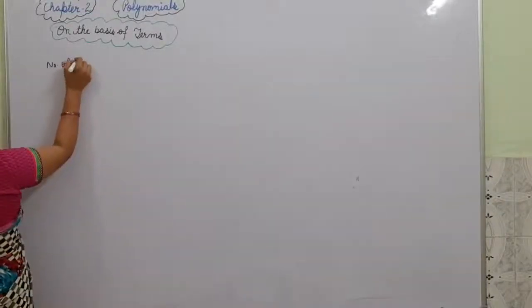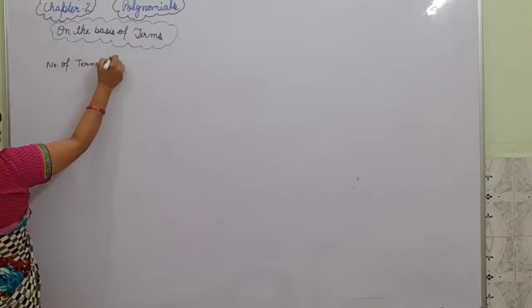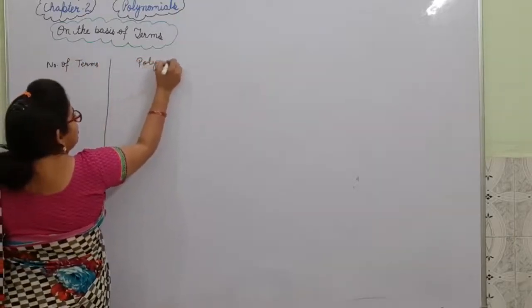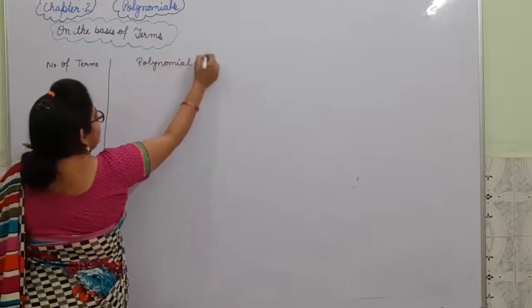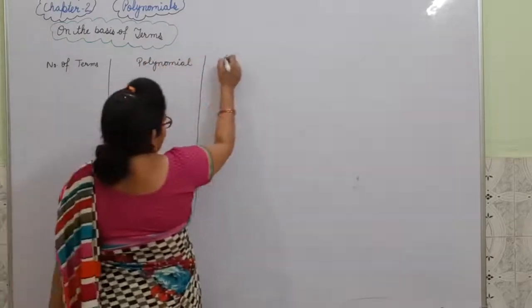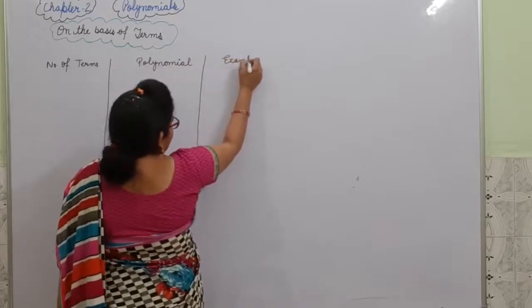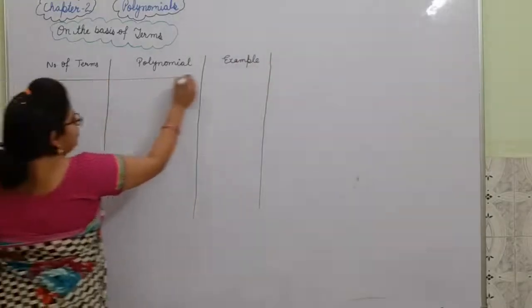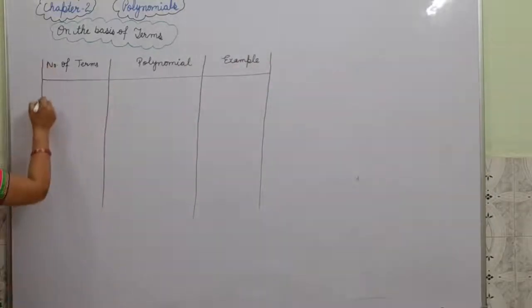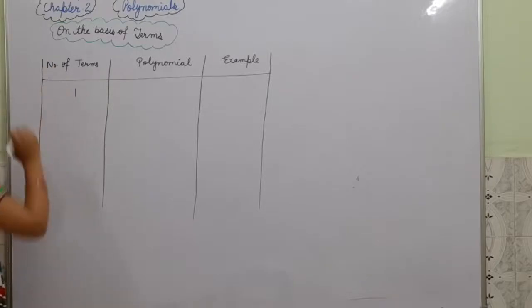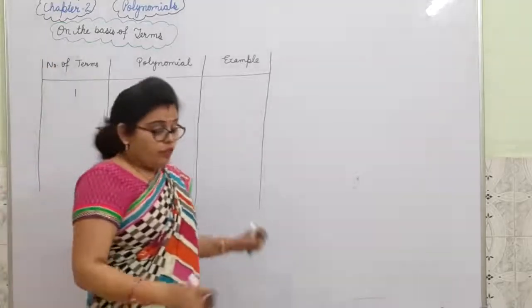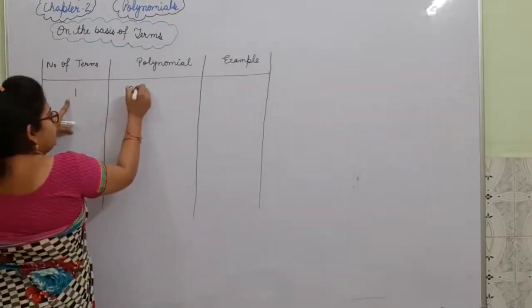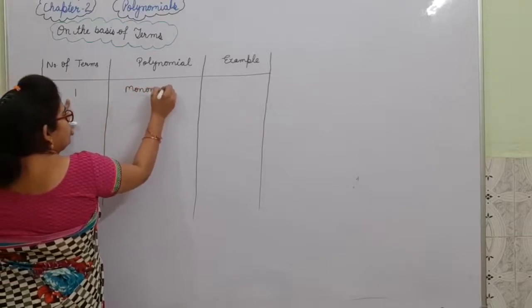Number of terms, polynomial, example. Yes, dear students, if there is one term in a polynomial, then it is called monomial.